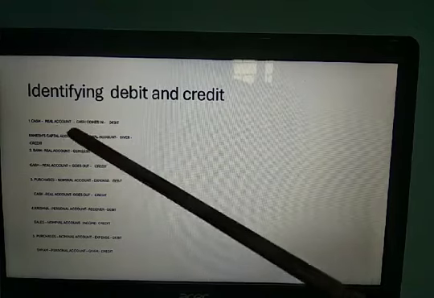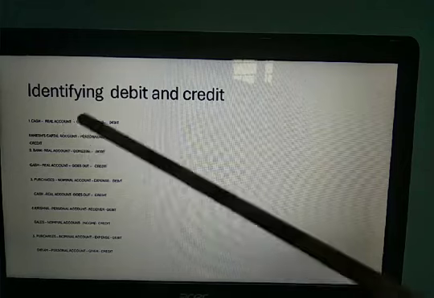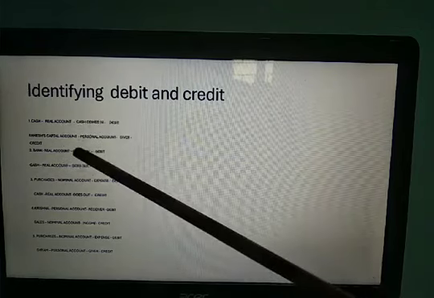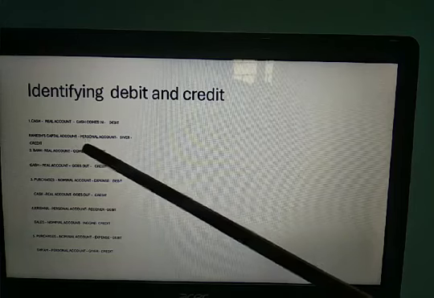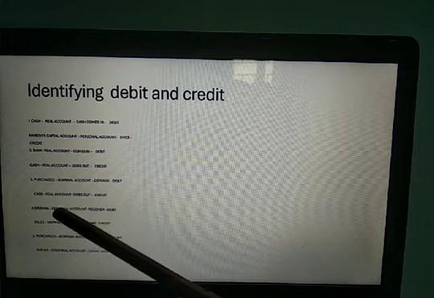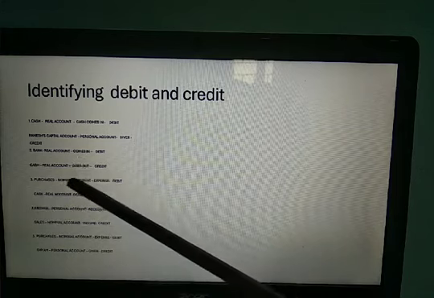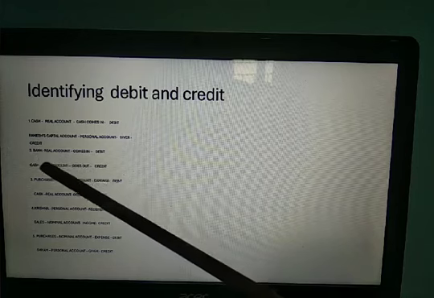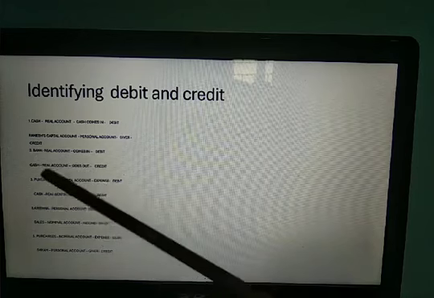Cash here is a real account. As per the real account concept, what comes in is debit. Ramesh capital account is a personal account. Ramesh is giving the benefit, the giver, so it is credit. Next, cash deposited into bank. Here there are two sides, one is the bank account, another is the cash account.